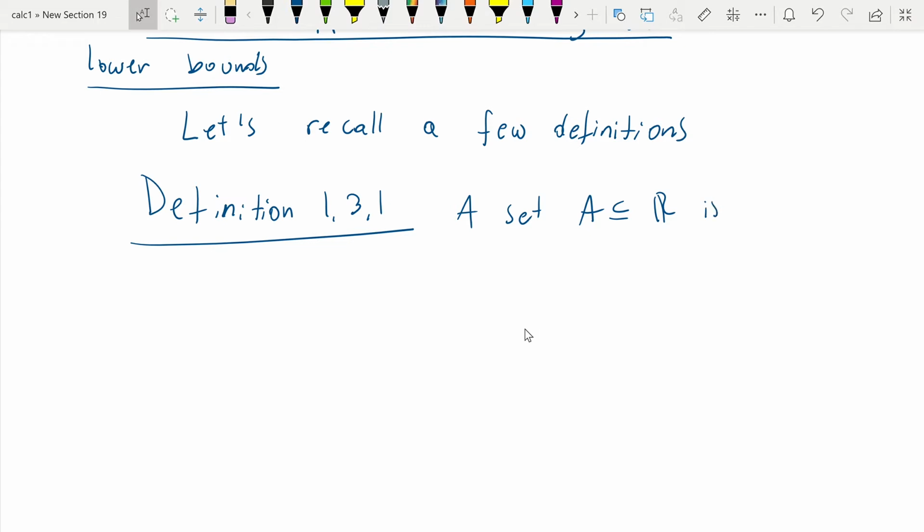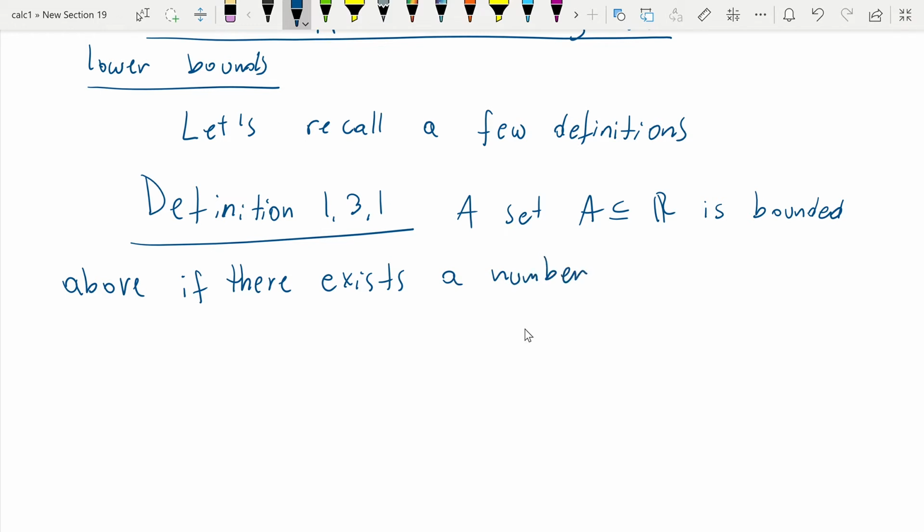So a set A, subset of the real numbers, is said to be bounded above if there exists a number B in R such that the following proposition is true.